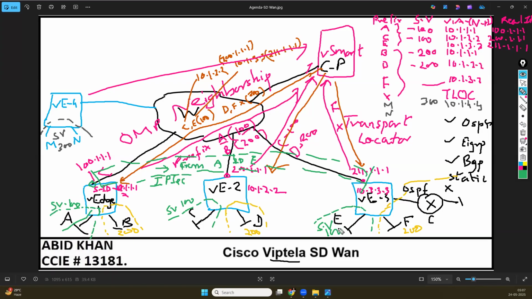Let's say A is pinging E. So ping basically means ICMP. So the application will be ICMP. What will this ICMP generate? It will generate a packet. It will generate an echo request.